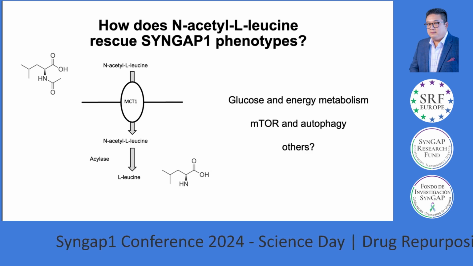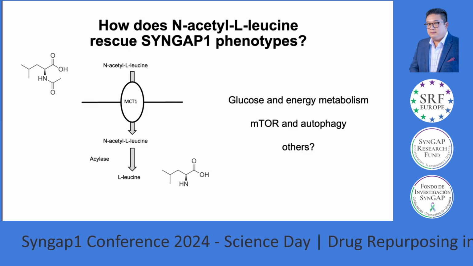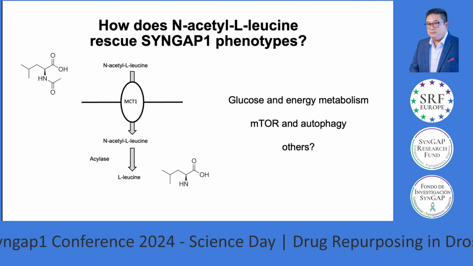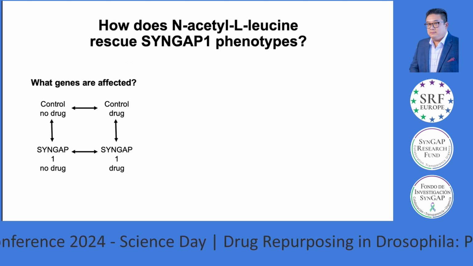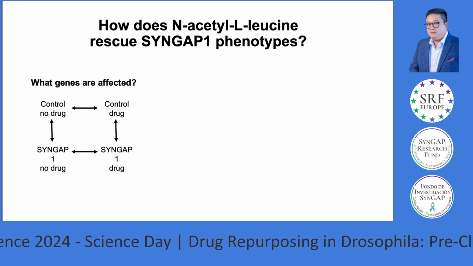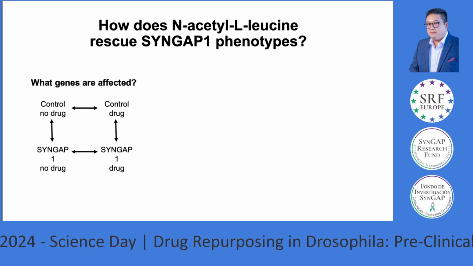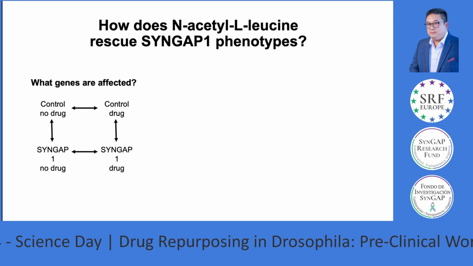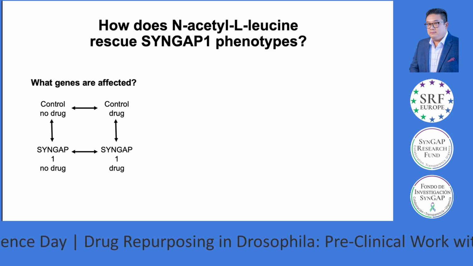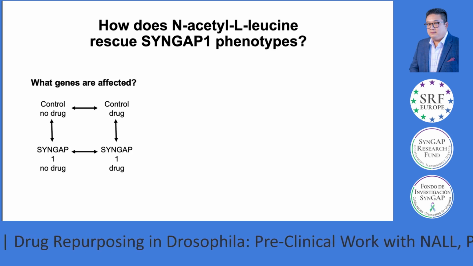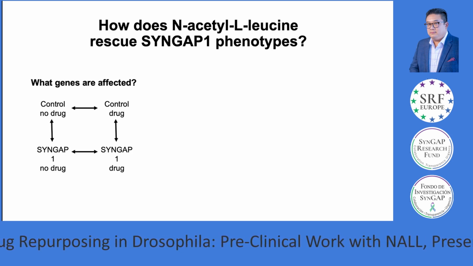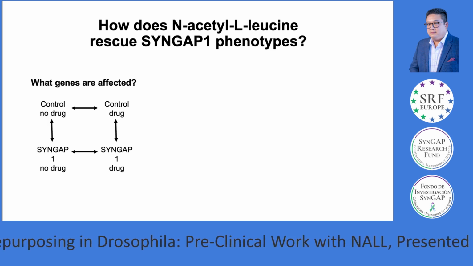So next we want to know how it's working, and these are all things we're going to dig into. One of the ways we've started getting at this is using RNA-seq. This is just looking at gene expression, and in particular we were interested in asking how's the RNA-seq affected when we give the Syngap flies NALL? What is changed by this drug?